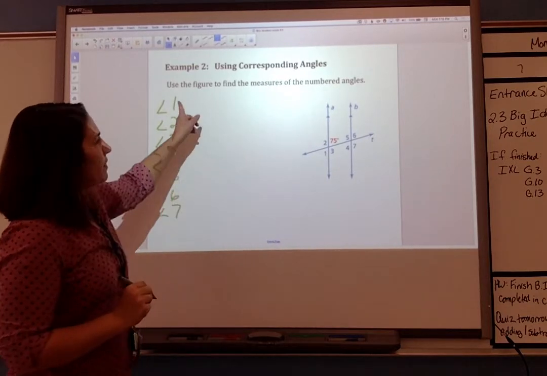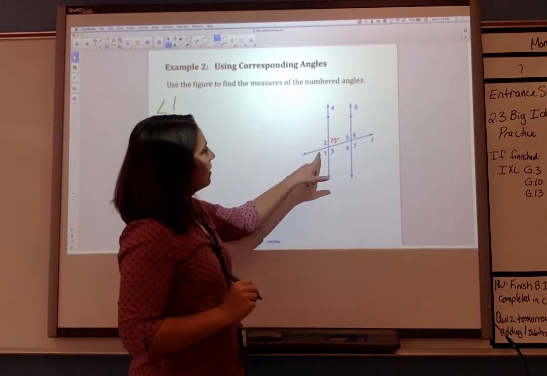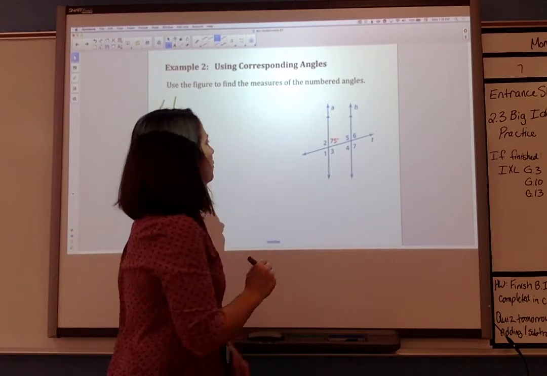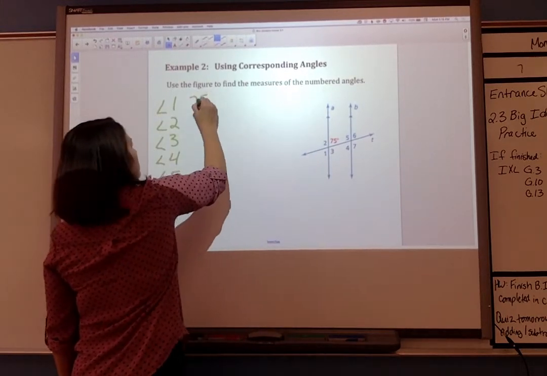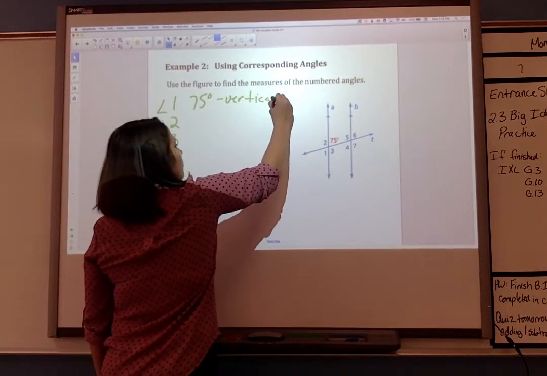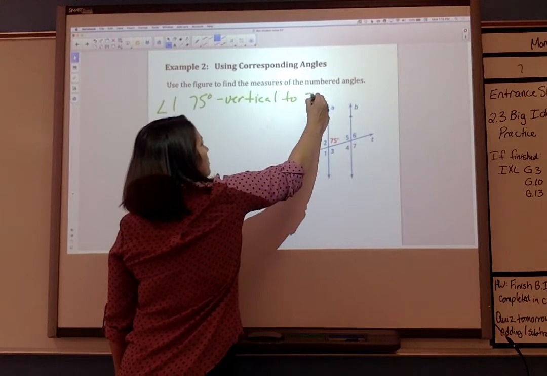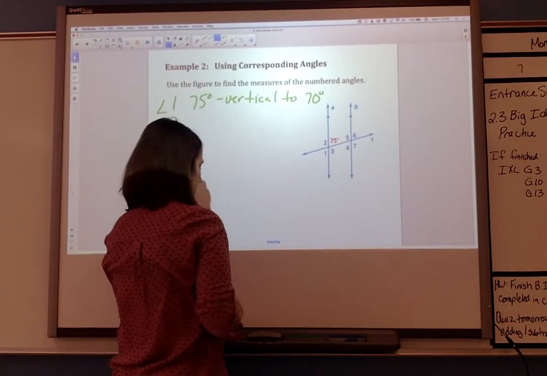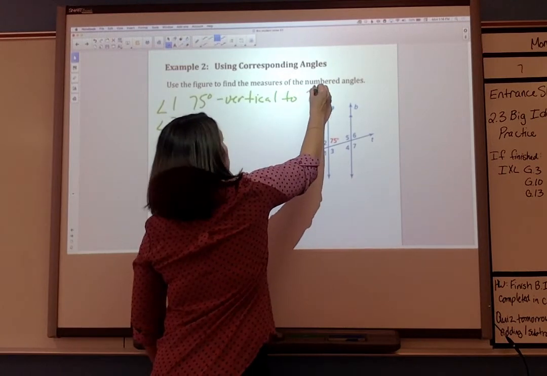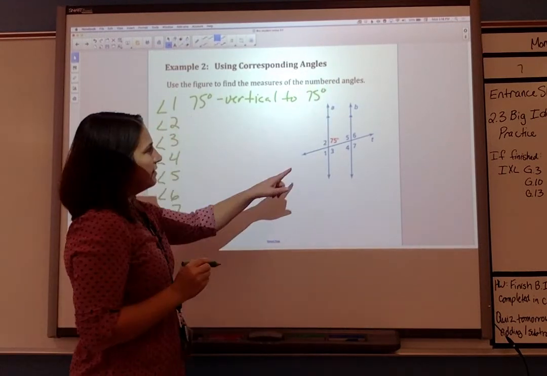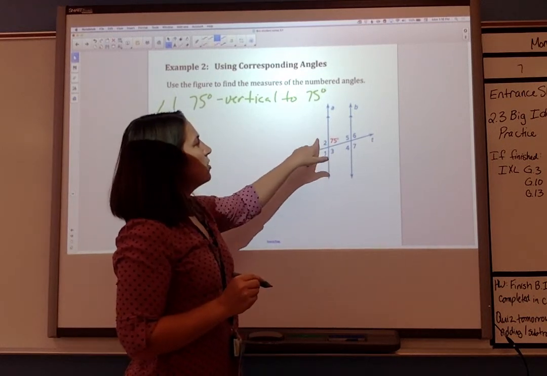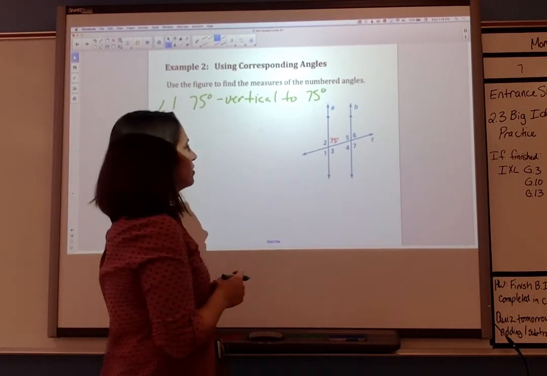Okay, so let's start with angle 1. We could say that angle 1 is a vertical angle to the 75 degree angle, so therefore it's 75 degrees. Vertical to the 75 degree angle. Okay, and then angle 2, we could say is supplementary to angle 1. It's also supplementary to the 75 degree angle.